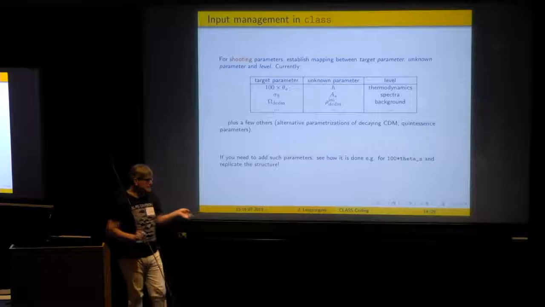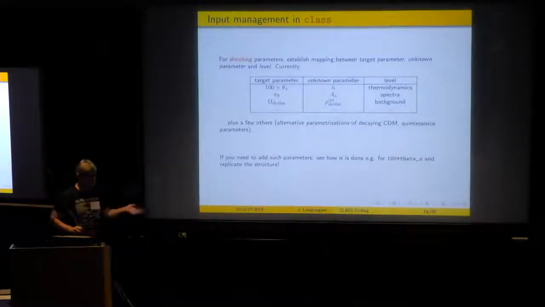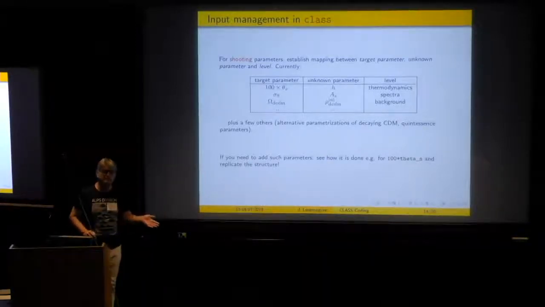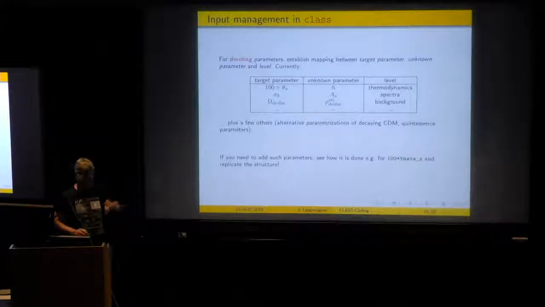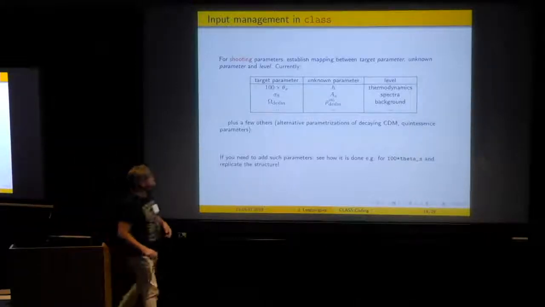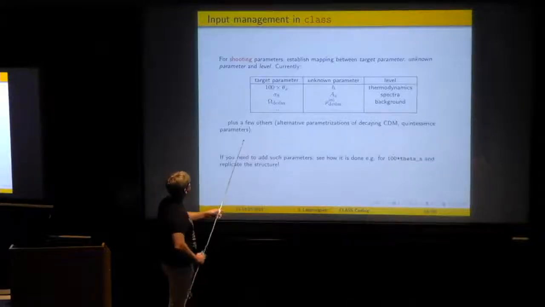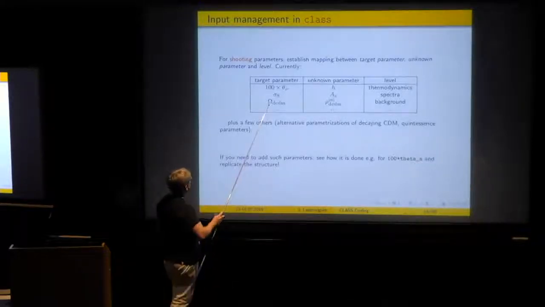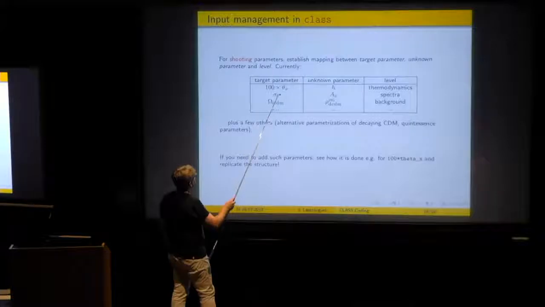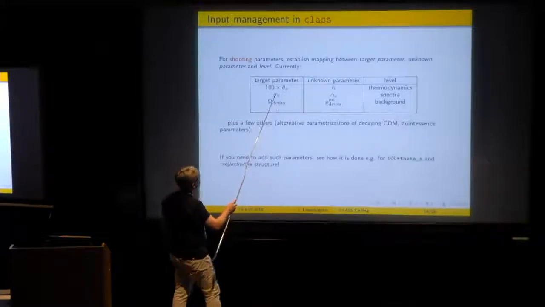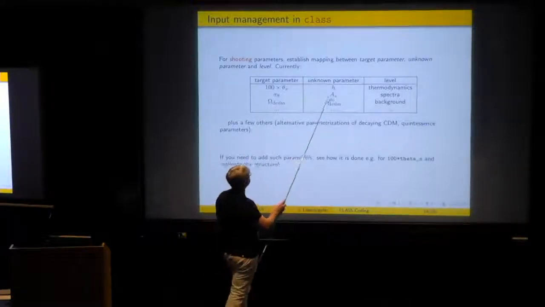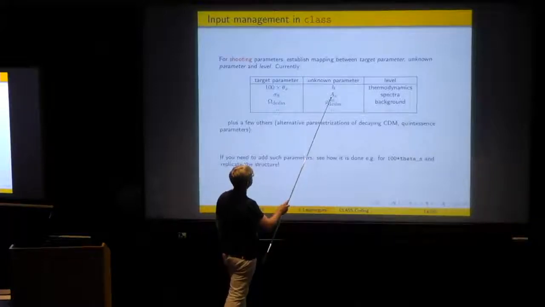And if you give sigma 8, the code doesn't know where to start from, because sigma 8 is computed a posteriori. So in this case, we set up a shooting method saying that if the user passes a target parameter sigma 8, the shooting method will find the unknown parameter A_s.